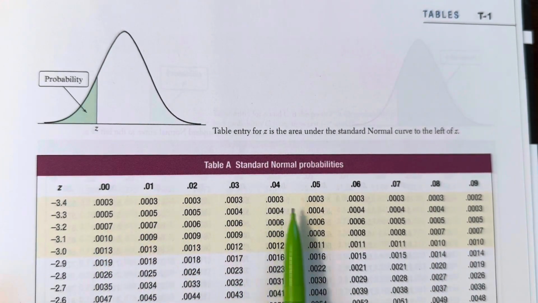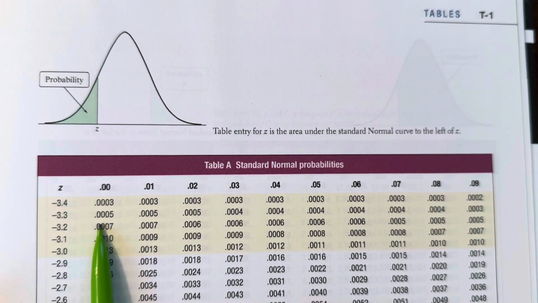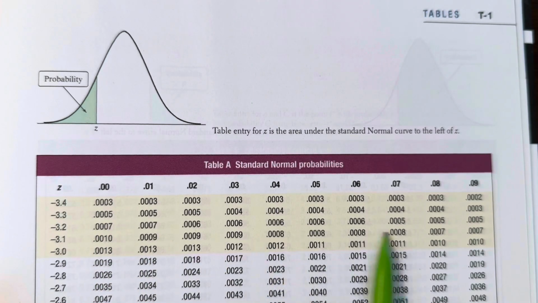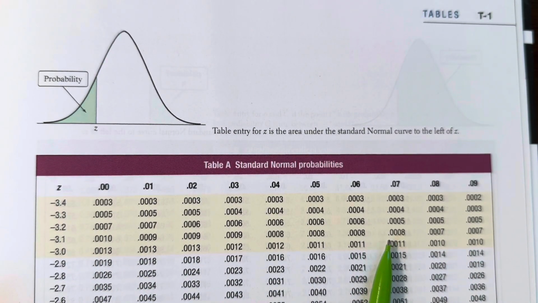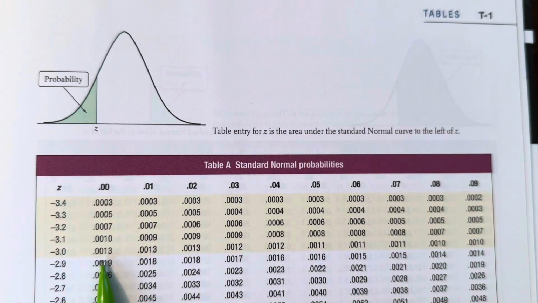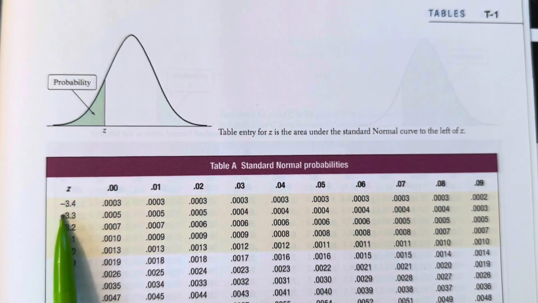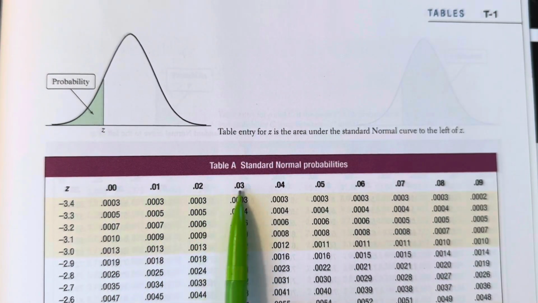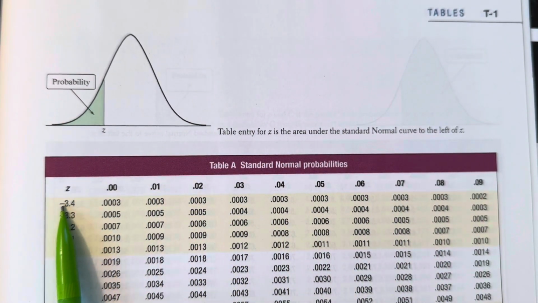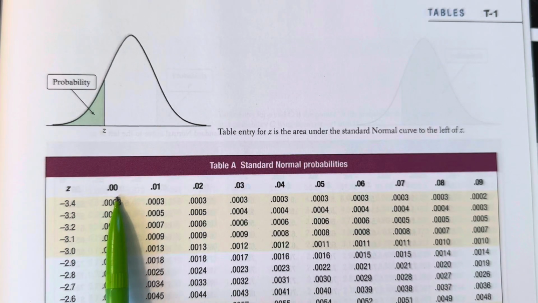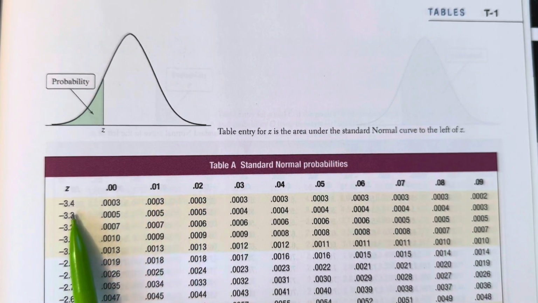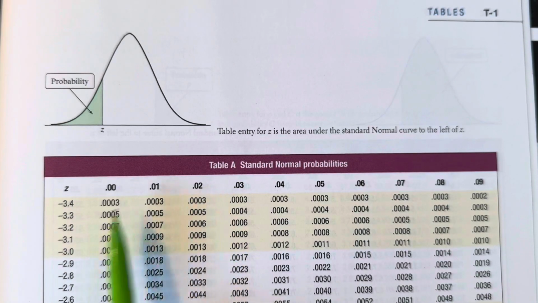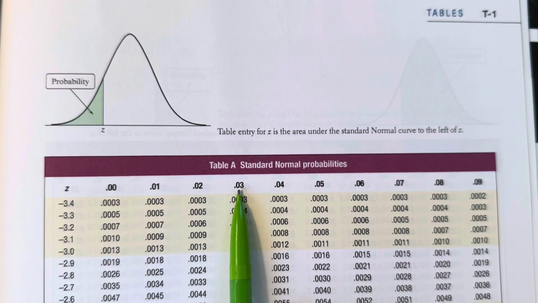We have all of these different decimal values to the 10,000th place, basically 4 decimal places after the decimal point. We have the integer and tenths place for our z-score, and then we have the hundredths place that we would add on here. So this would be negative 3.40, negative 3.41, negative 3.42, negative 3.43, and so on.